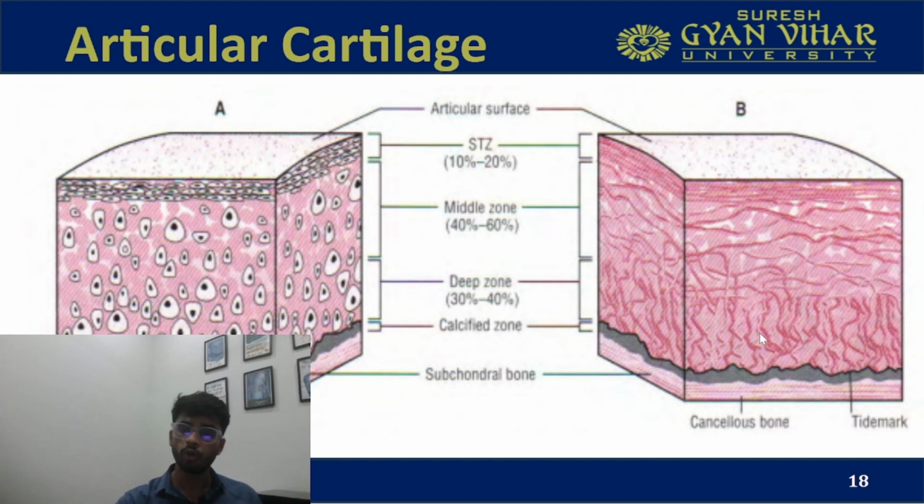As you can see, in the superficial region it is in the horizontal direction, while in deeper regions they are perpendicularly oriented. They are perpendicularly oriented because they have to adhere to the cancellous bone. If there is perpendicular orientation, then the adherence will be increased.